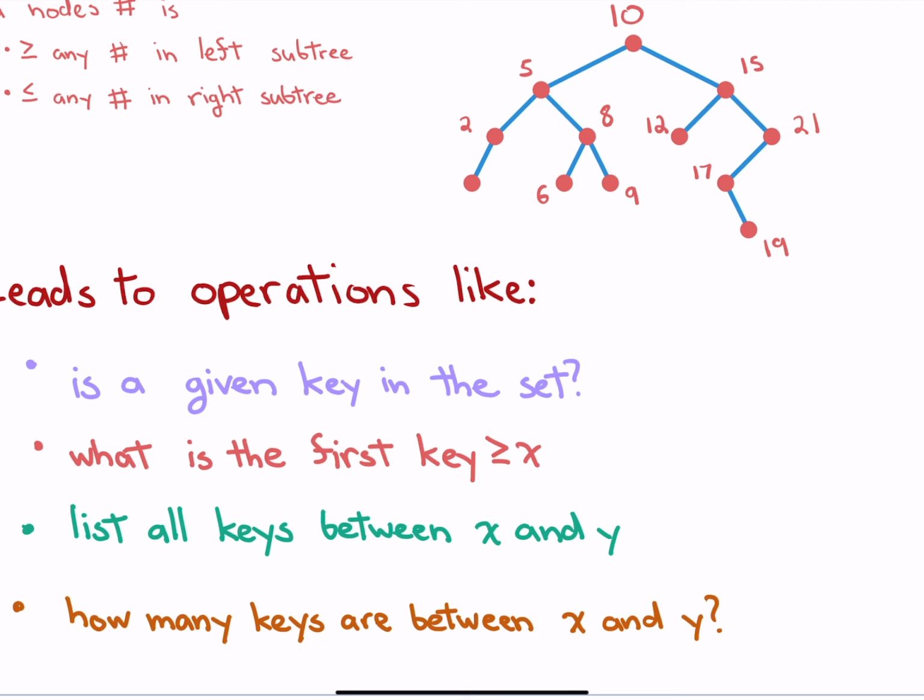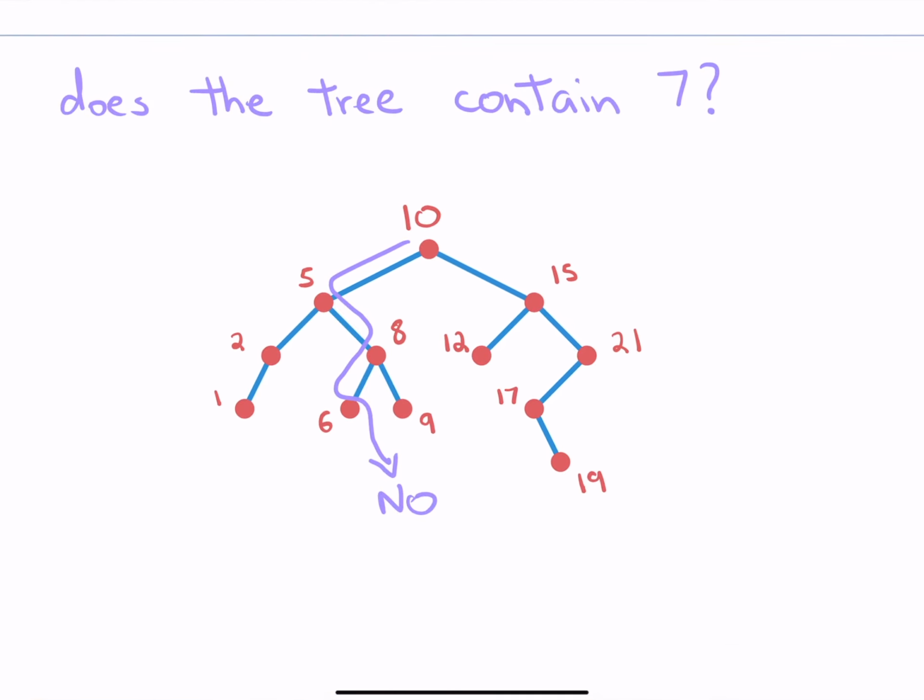Or how many keys are between A and Z? There's lots of different games you can play once things are in the tree. So for example, if you want to ask a question like, does this tree contain the number 7? You would search through, and in that example, you would conclude it's not there.